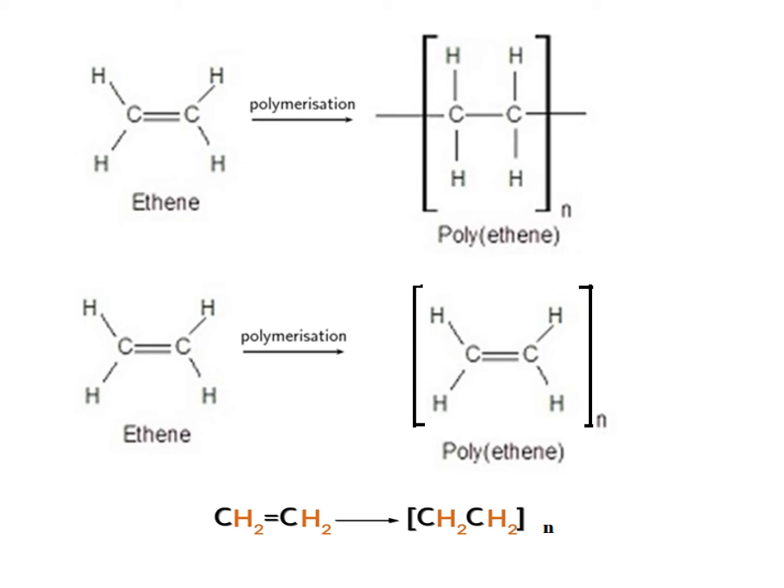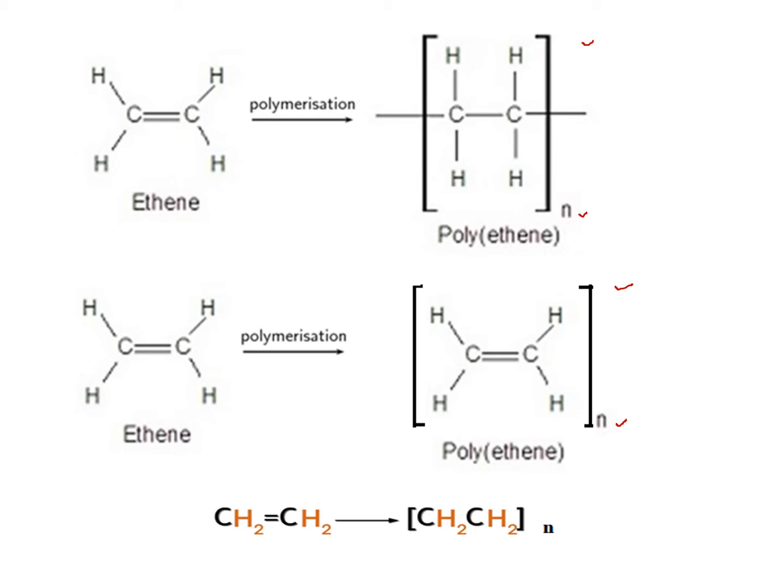There are a few things that you need to note before we start this reaction. A polymer is always indicated with square brackets. So there you can see the square brackets. And then the n stands for the number. So we know that a polymer has a number of monomers attached to each other.